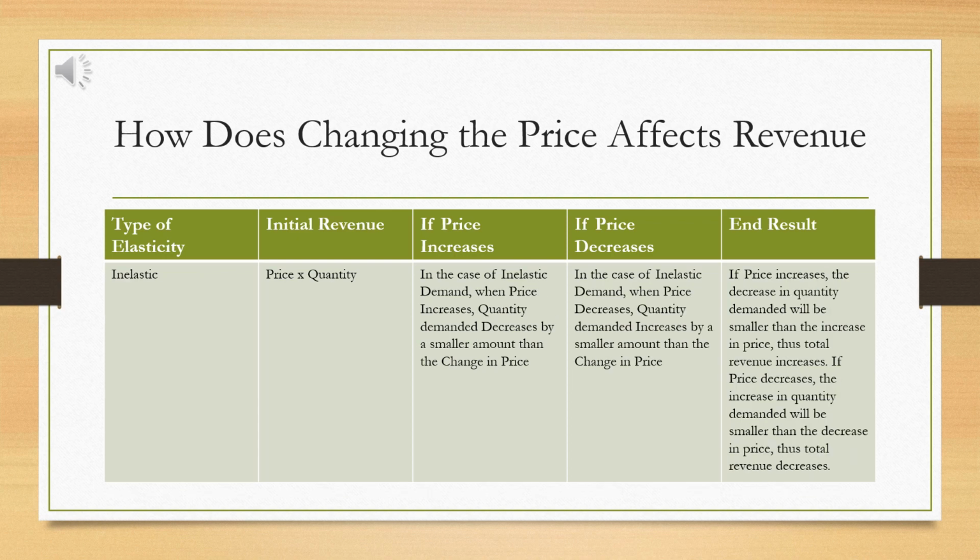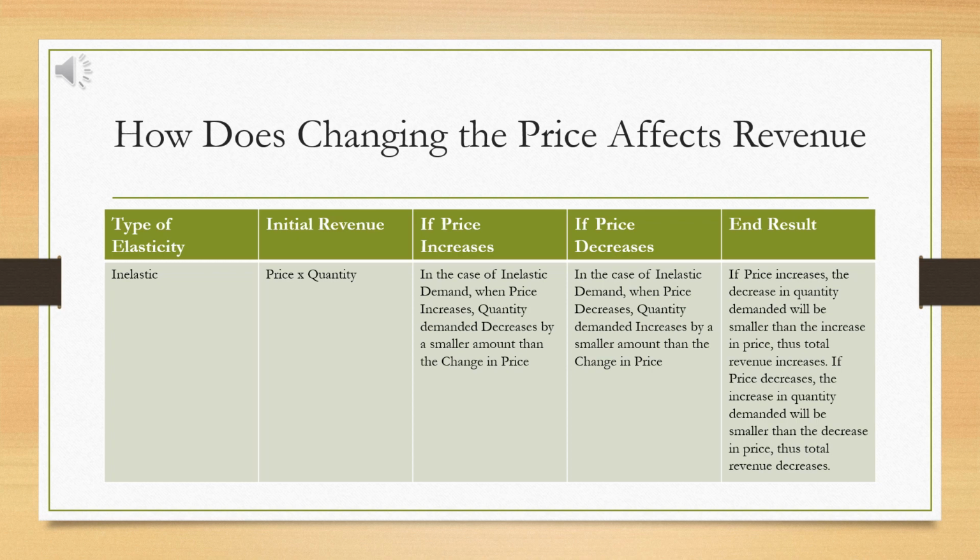In the case of inelastic demand, when prices increase, quantity demanded decreases by a smaller amount than the change in price. When prices decrease, quantity demanded increases by a smaller amount than the change in price.